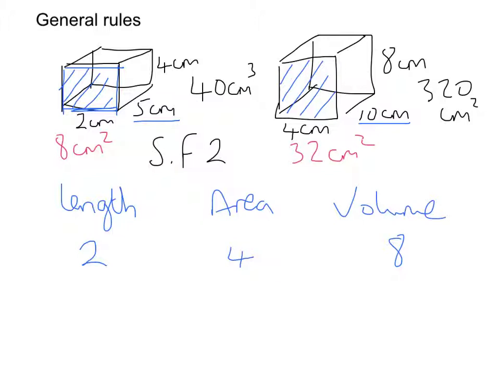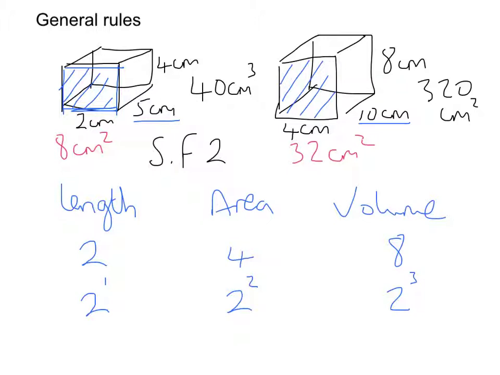The volume is 8 times as big. If we look at these numbers, we can see that there's something going on here. The length is 2, or 2 to the power of 1, the area is 2 squared, and the volume is 2 cubed.